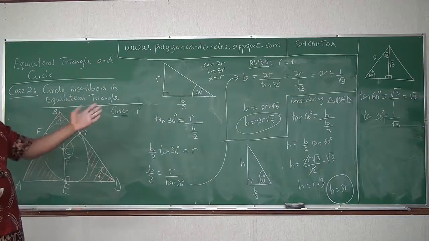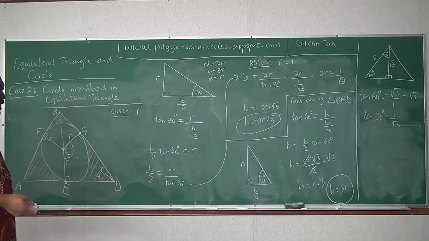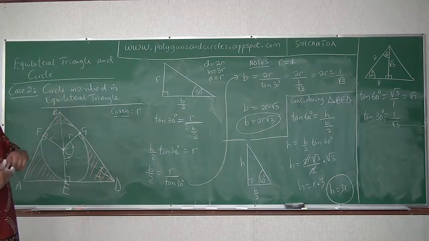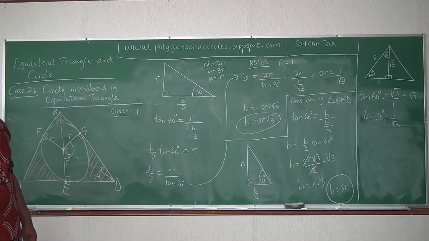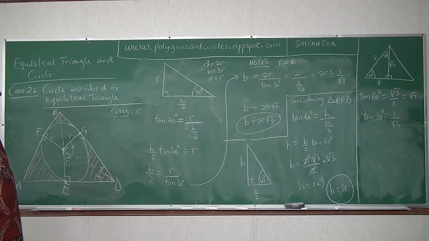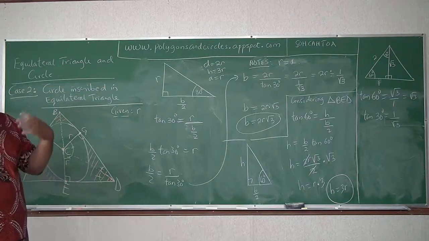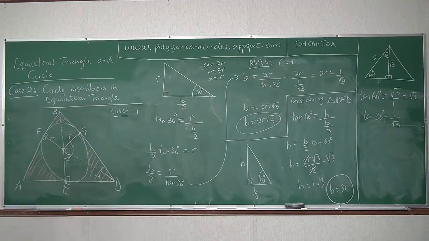If they give you the radius, you now know the apothem, the perpendicular height, the diameter, and then the base of the triangle. If they give you the height, you can find the radius of the circle, the base, and the rest of them. What else do we need to find now?